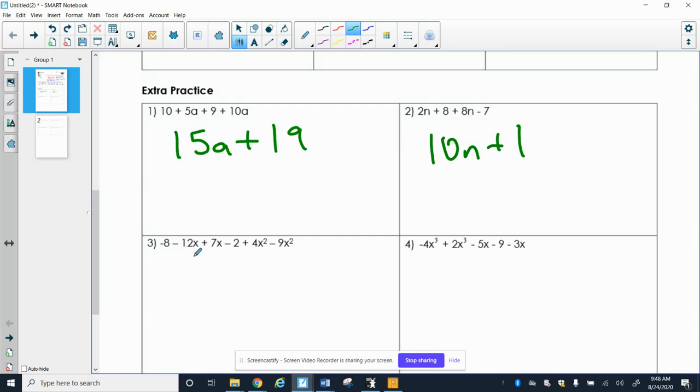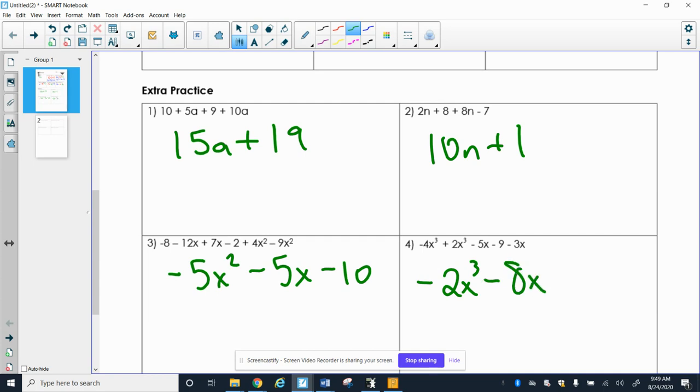Number 3, we should have got negative 5x squared, then minus 5x, then minus 10. Then 4, we should have got negative 2x to the third minus 8x minus 9.